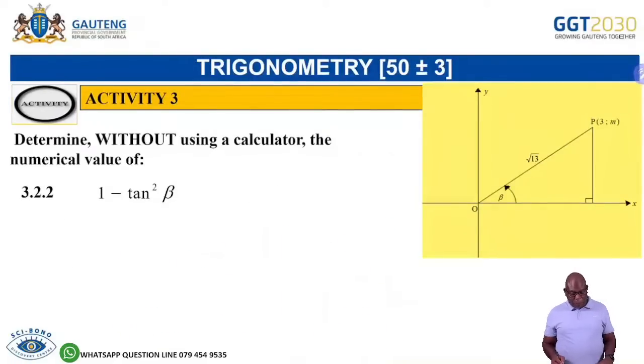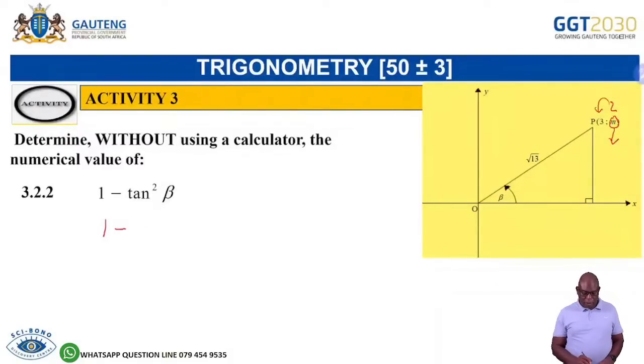Right? Without the use of a calculator, same question, but now I already know that my M is 2. So for me to get 1 minus tan that, I know tangent is the y value over the x value. So in other words, it is y over x. And this thing is squared. So my y value is M, which is 2.